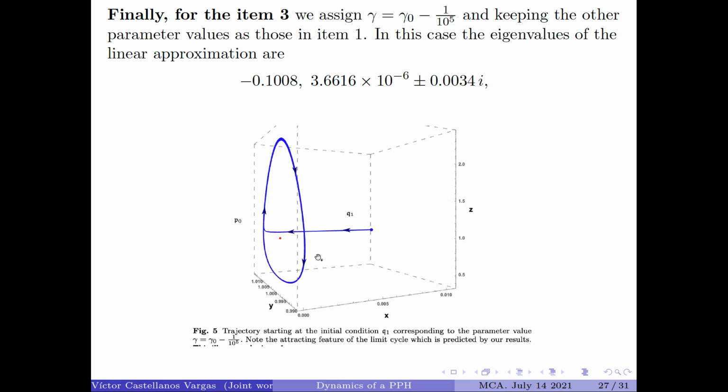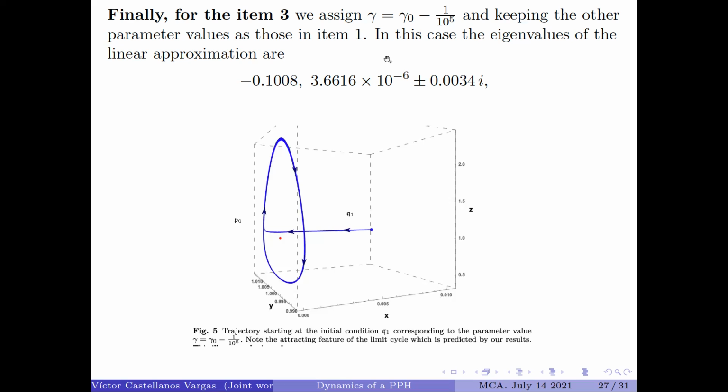The trajectory starts at the initial condition Q1, corresponding to the parameter value gamma equal to gamma 0 minus 1 over 10 to 5, and note the attracting behavior of the limit cycle, which is predicted by our result.